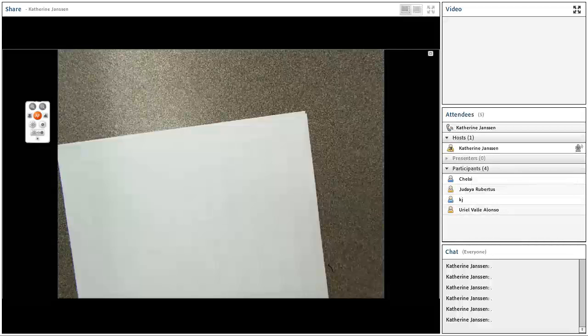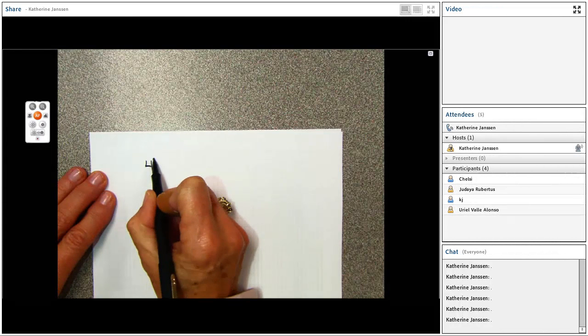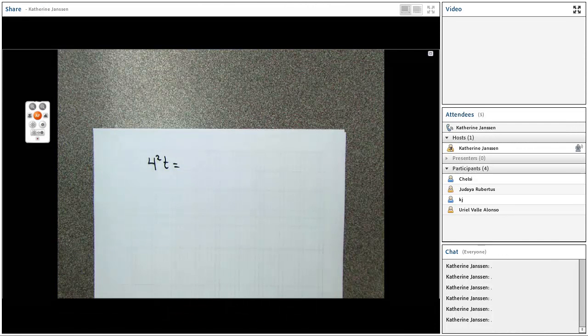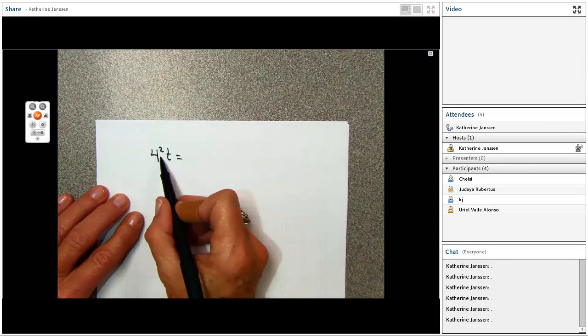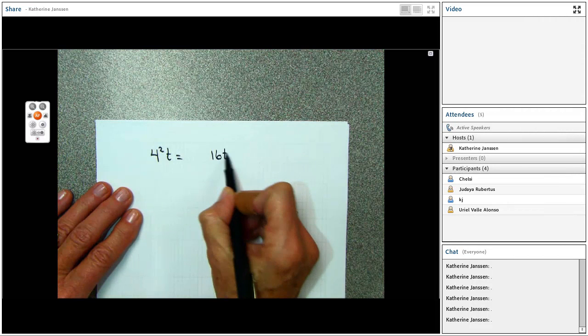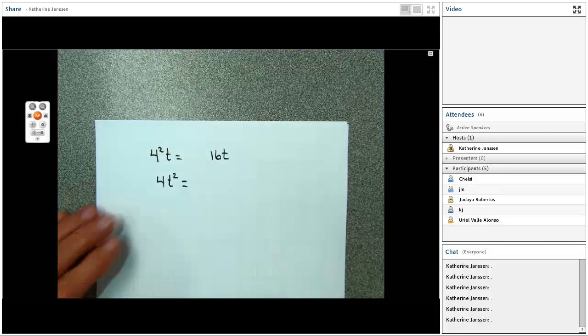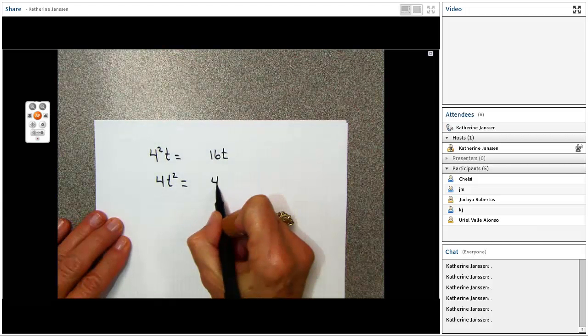All right, we're finishing up a little bit of review yet today, particularly with our exponents. 4 squared times t. Well, 4 squared is 16 times t, I guess. 4t squared. That's 4 times t squared. I don't see that I can simplify that at all.